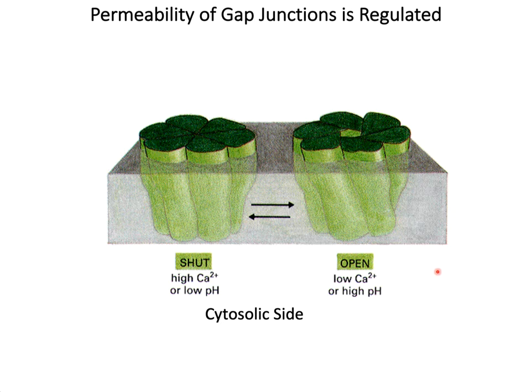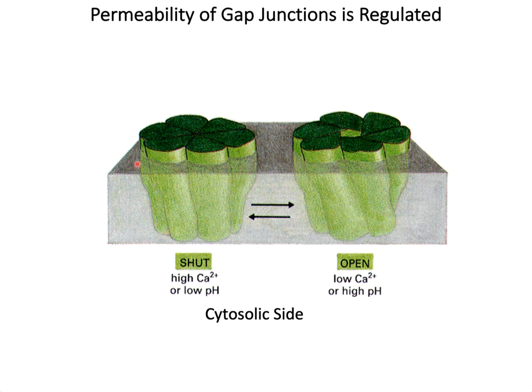Another interesting thing about the gap junction is that it can be regulated. The connexin subunits within the hemichannel can take on different configurations, such that the gap junctions can be closed or opened. In the cytosol, when you have a high concentration of calcium and very low pH, gap junctions are usually closed.